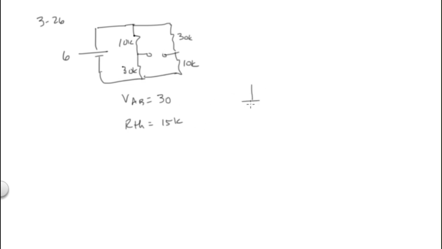Now we go back into this circuit. We have the VAB of 3 volts, and we have a 15K up here, and we add 50 ohms. So what would be our current?